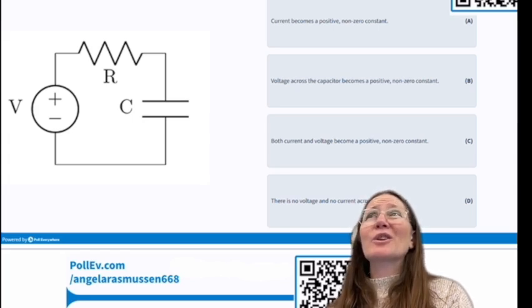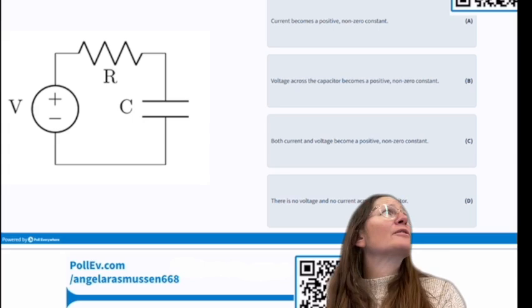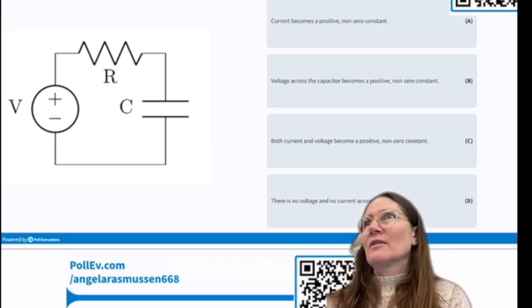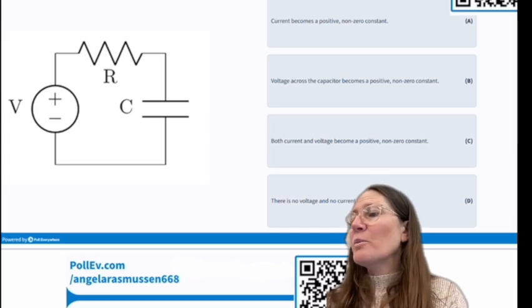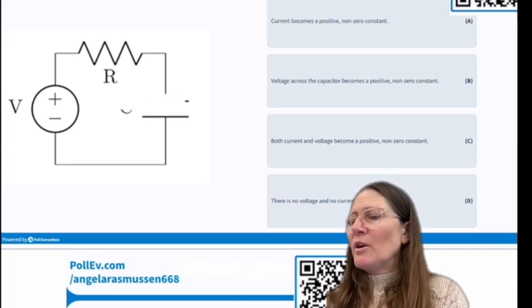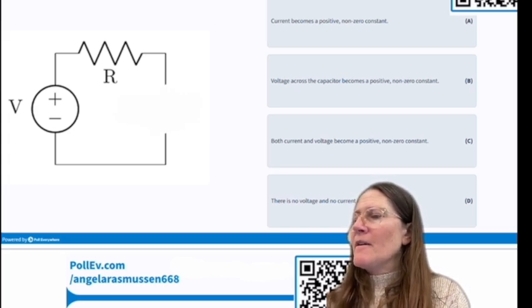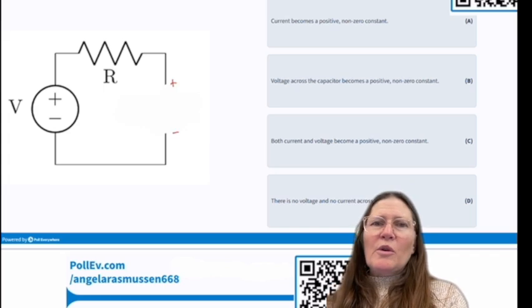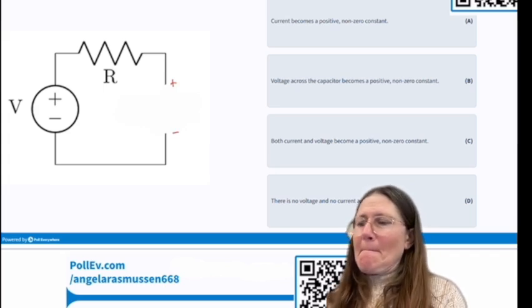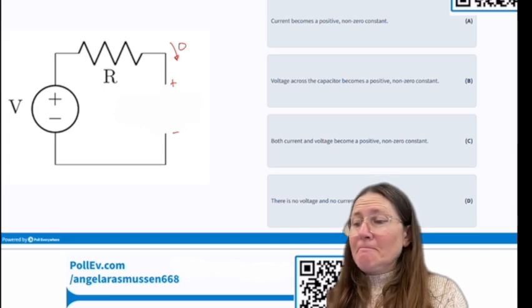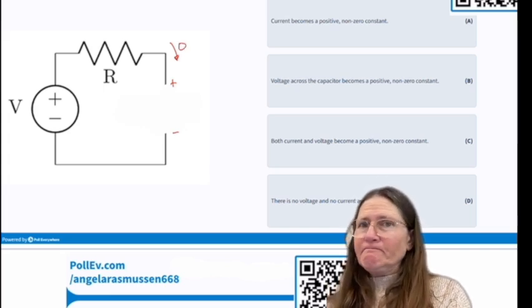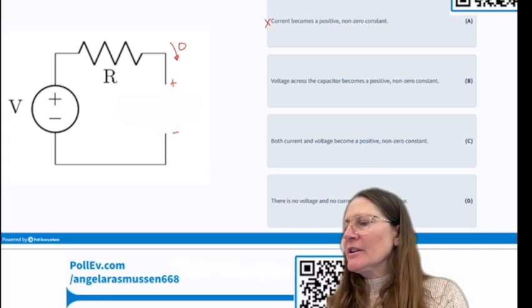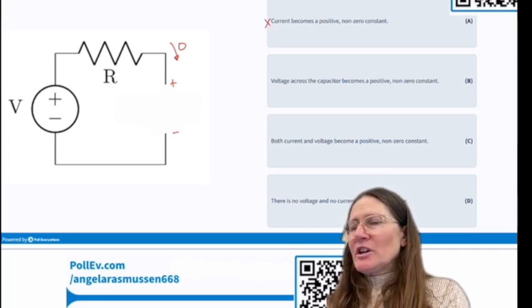So it's sat there for a really long time, so what do you look at the capacitor as? Open. So if we remove this and it's open, is there current? Okay, good. So no current, zero current. So it's not A. Is there a voltage there?